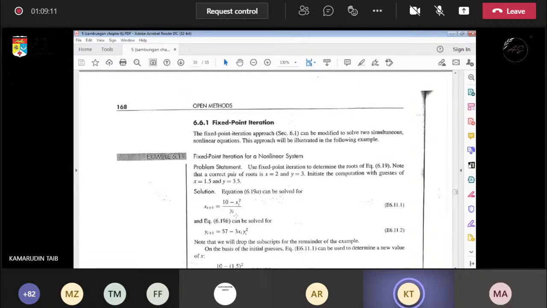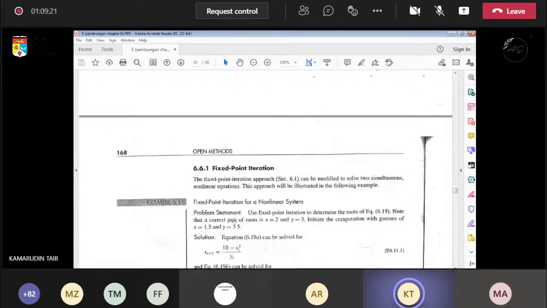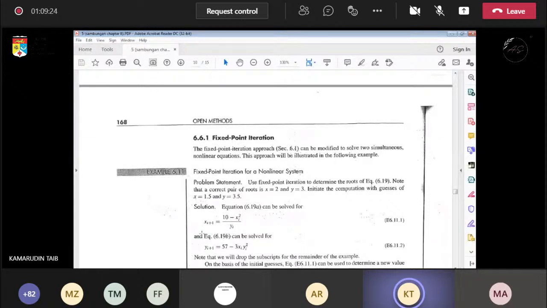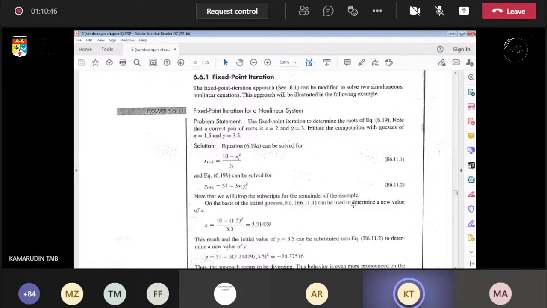And then for the second equation, we write y equals 57 minus 3xy squared. That means we keep y on the left. Equation 6.11(1) can be used to find the new value of x. So this is the initial x and y value to start with.